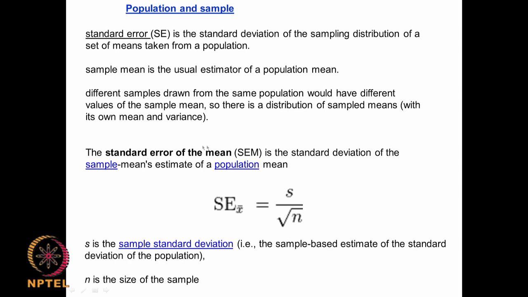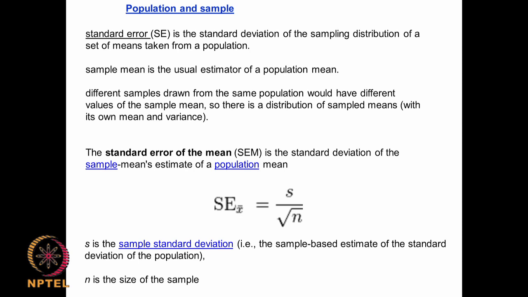This is called the standard error, or standard error of the mean. So, this S is the sample standard deviation, n is the sample size. If I am taking a set of samples, I will get a mean. Now, I put it back, then again take another set of samples, I will get another mean. If I keep on repeating, I will get a large number of means.